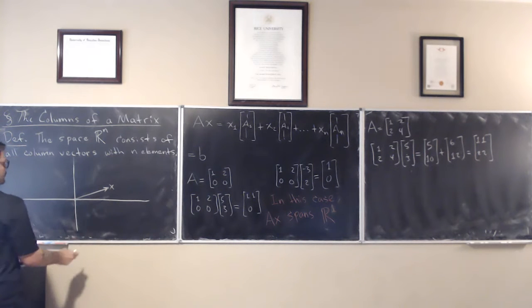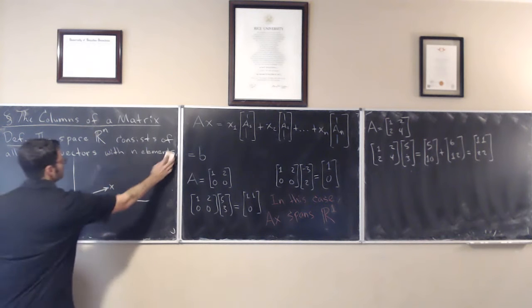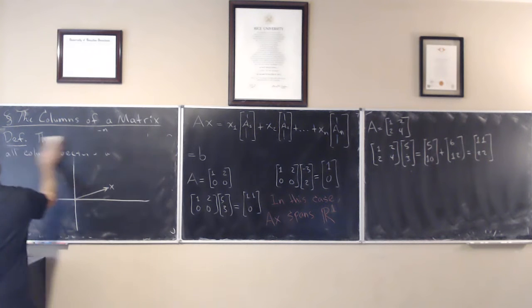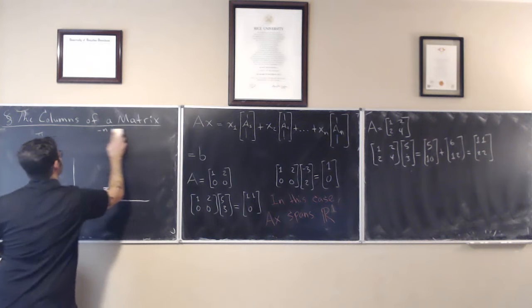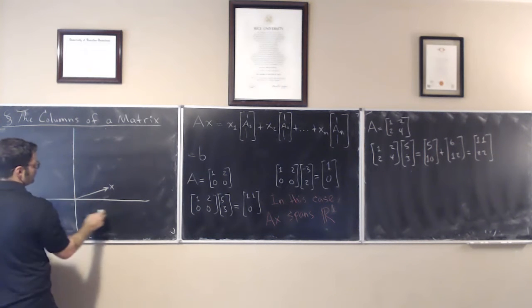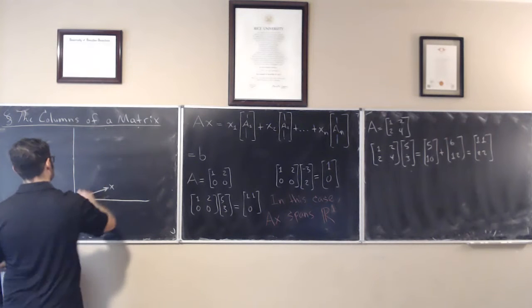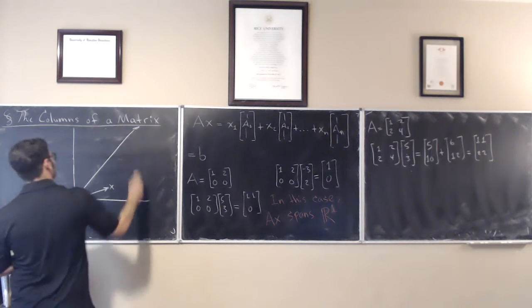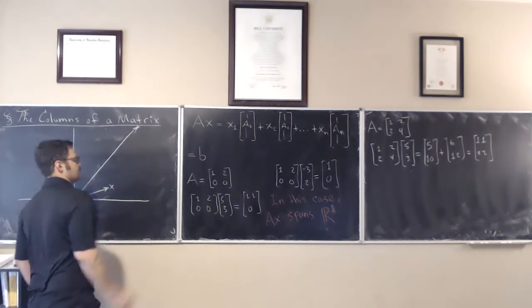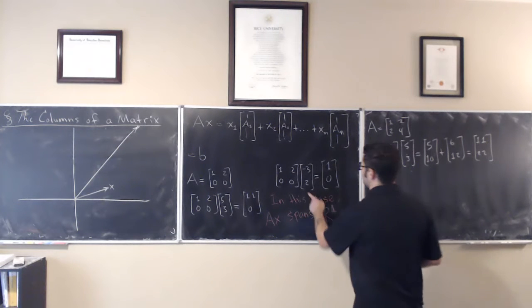So 11, 22, it's way up here, right? So maybe I'll just erase this definition. So that's 5, it's probably way up here. Something like that. Okay.